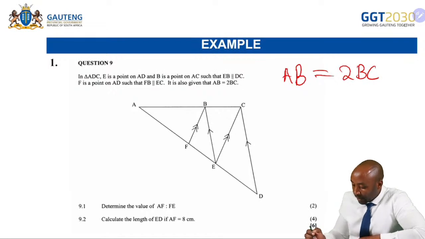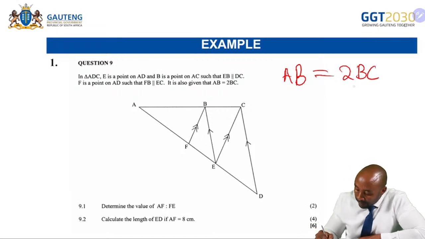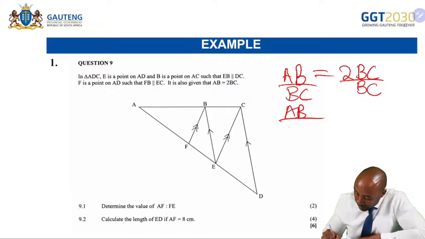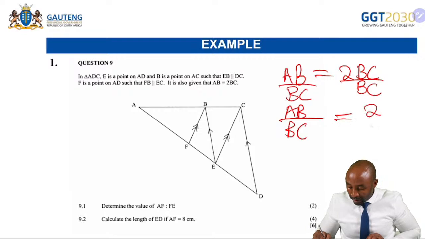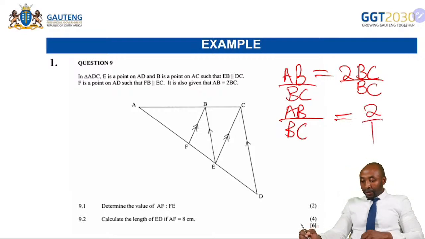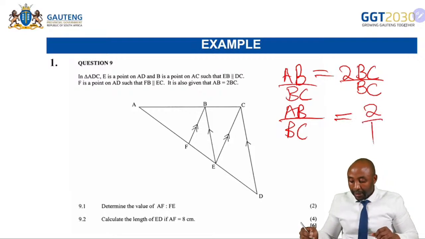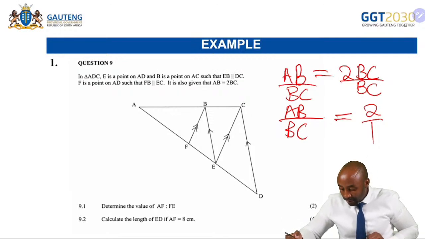What can help us solve the question here? If I divide both sides by BC, I'll get AB over BC is equal to 2, and 2 as a fraction is 2 over 1. Then I'm able to use this information as ratios.